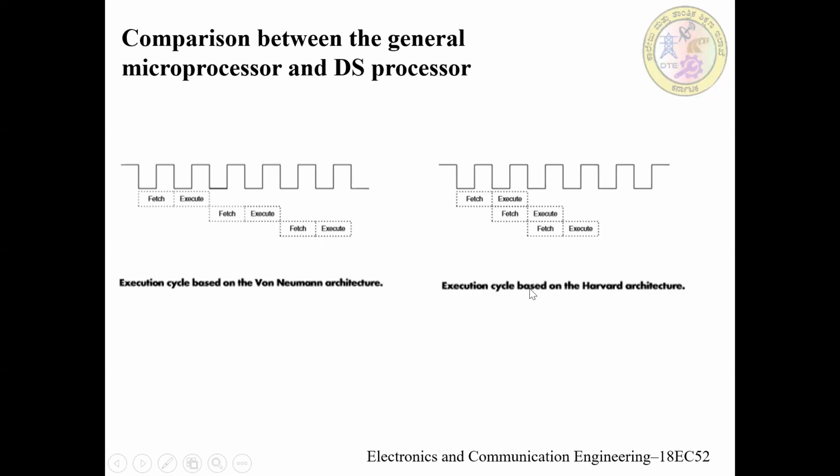But if you come to the execution cycles based on Harvard architecture, which is in our digital signal processor, we can observe here in the first cycle it fetches the operation to be performed from the program memory, and in the next cycle it executes, and at the same time it fetches the next instruction to be executed.